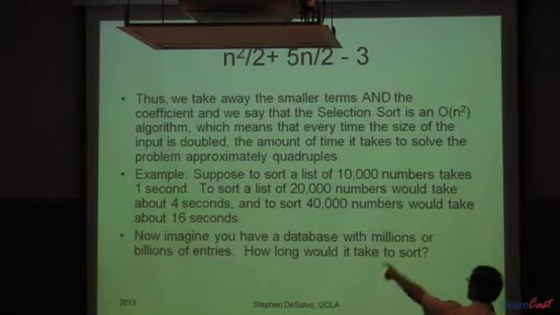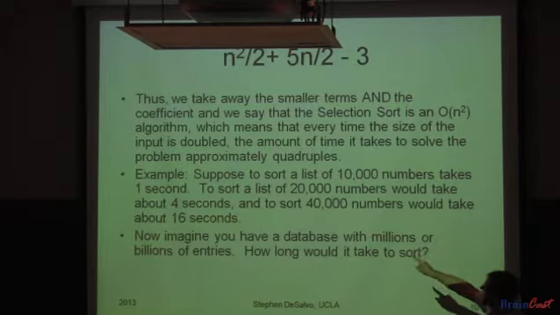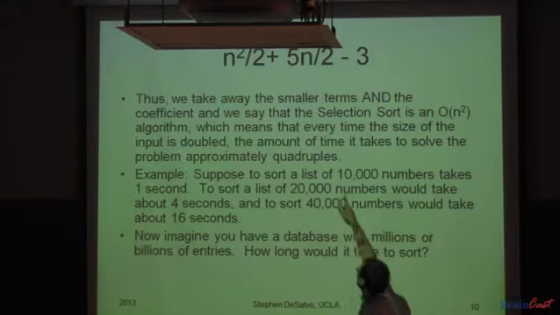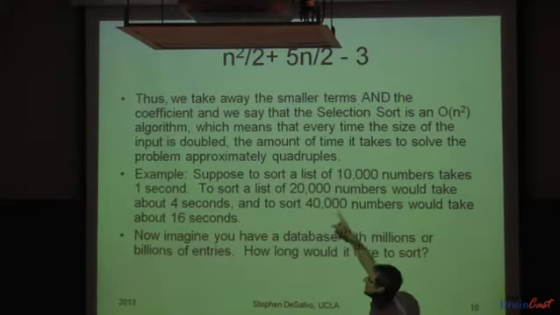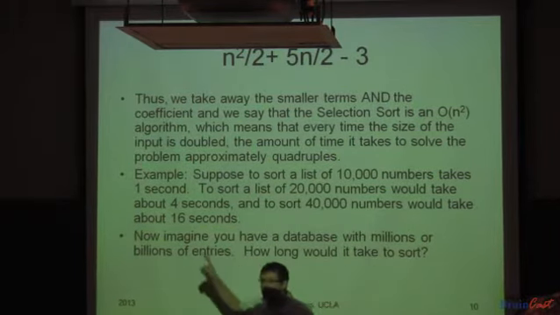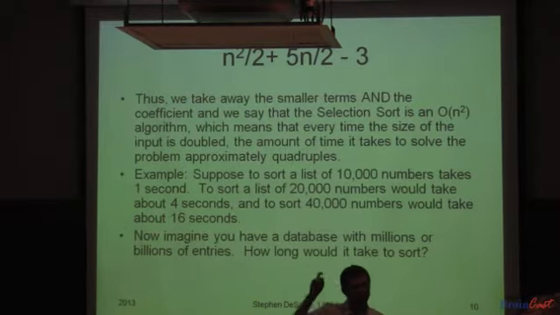So for example, suppose to sort a list of 10,000 numbers takes 1 second. Then to sort a list of 20,000 numbers would take about 4 seconds, because we're quadrupling the amount of time it would take. And to sort 40,000 numbers, we're quadrupling by a factor of 4 again, and that gives us 16 seconds. Okay? So several different ways to think about that one.